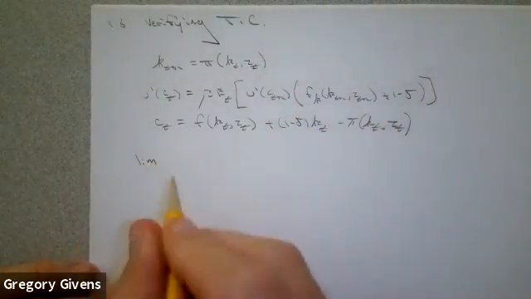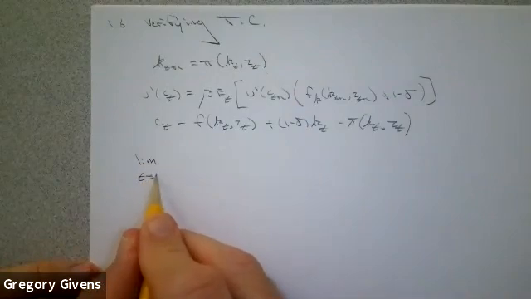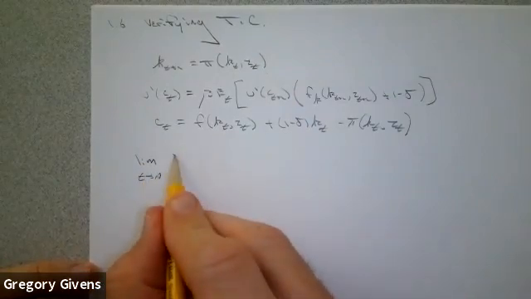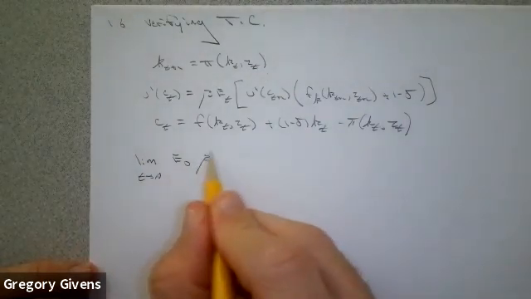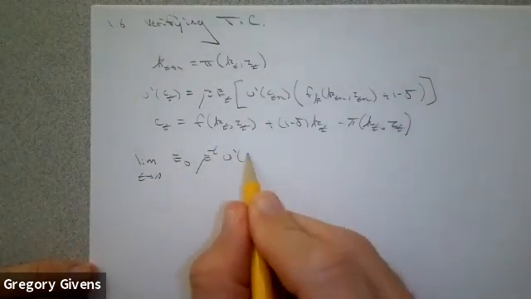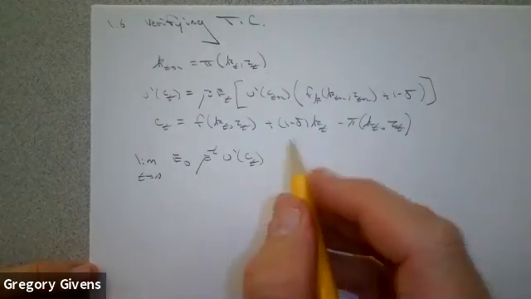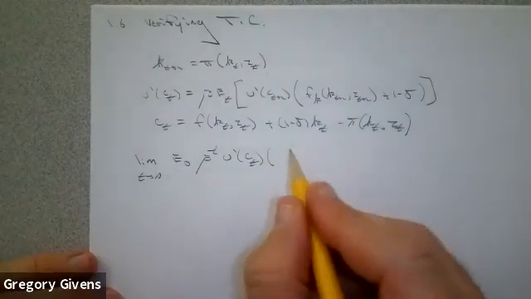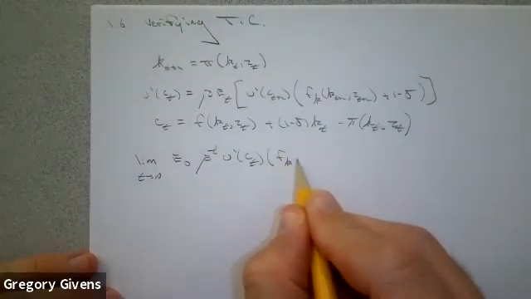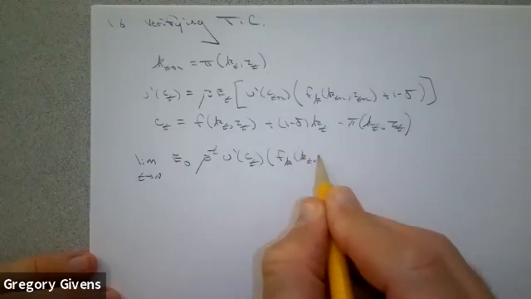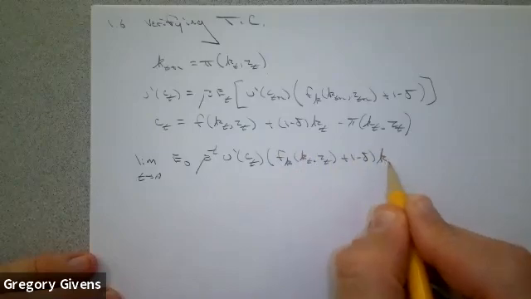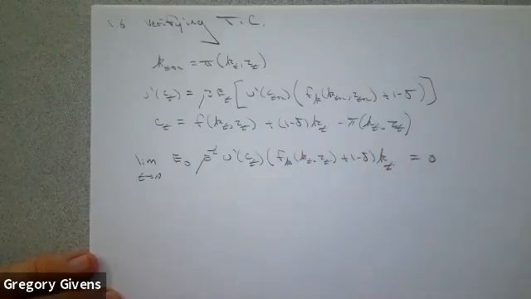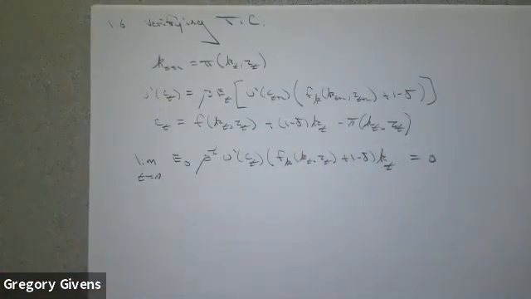That must be satisfied: the limit as t goes to infinity of the expected value, conditional on date 0 information, of the discounted marginal utility value of the state is equal to 0. Remember, the transversality condition is extremely important.